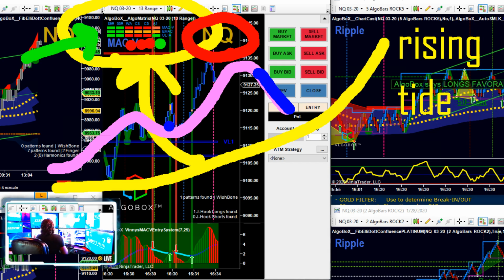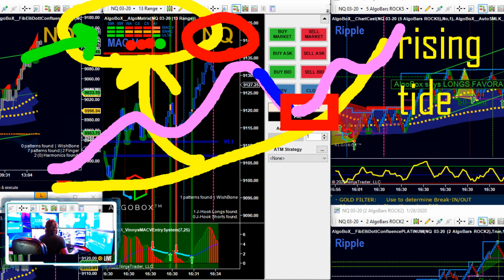We are trying to filter ourselves to get big trades with the rising tide, hopefully also with the rising wave, or catching the big moves where we catch one of these waves coming down, then we catch a trap that's going to be set right here, and then we look to ride that wave big up on that next up move.